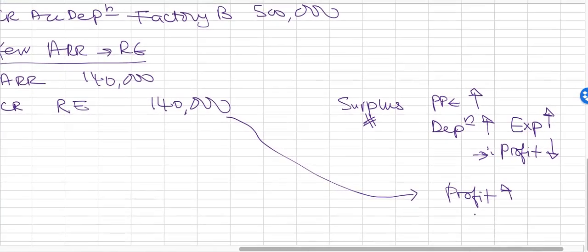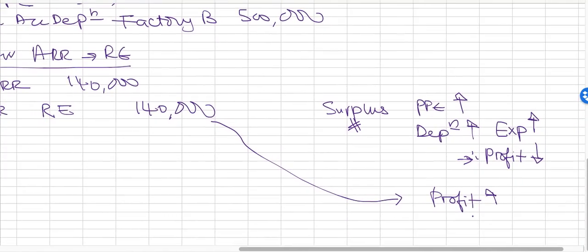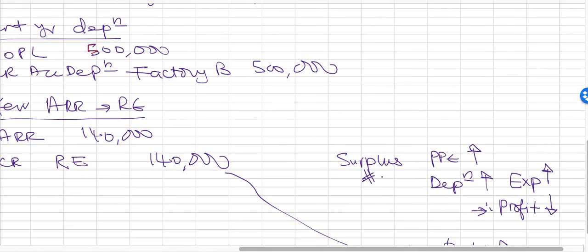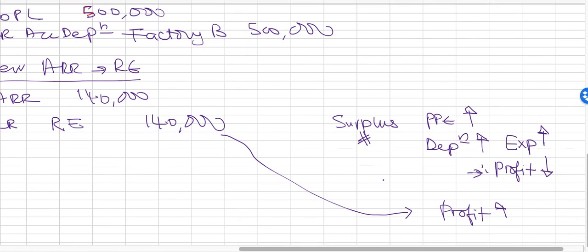Okay, so this is basically allowed sebab kita nak encourage. Okay, the standard wants to encourage companies to use the revaluation model and surplus. If you get a surplus, it is not a disadvantage to you. Okay, that's why the standard allows that because of this effect, alright, you can transfer your ARR annually to retained earning.